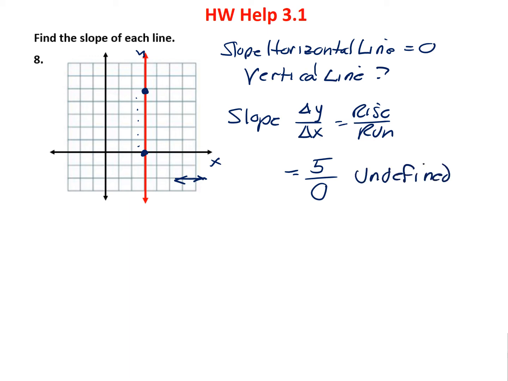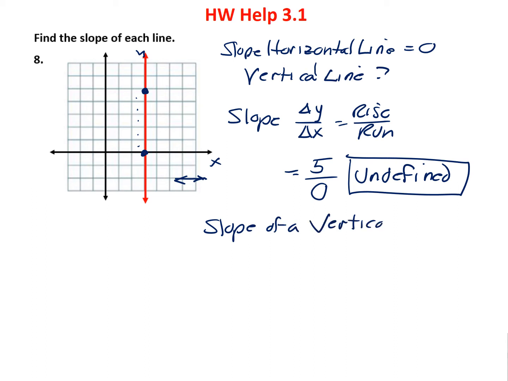Remember, the only person who can divide by 0 is Chuck Norris. So if you're not Chuck Norris, the answer is undefined. So we can say that the slope of a vertical line is always undefined because we cannot divide by 0.